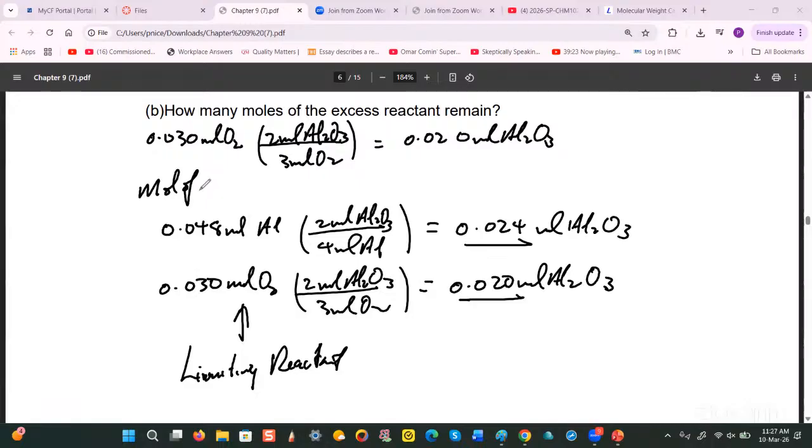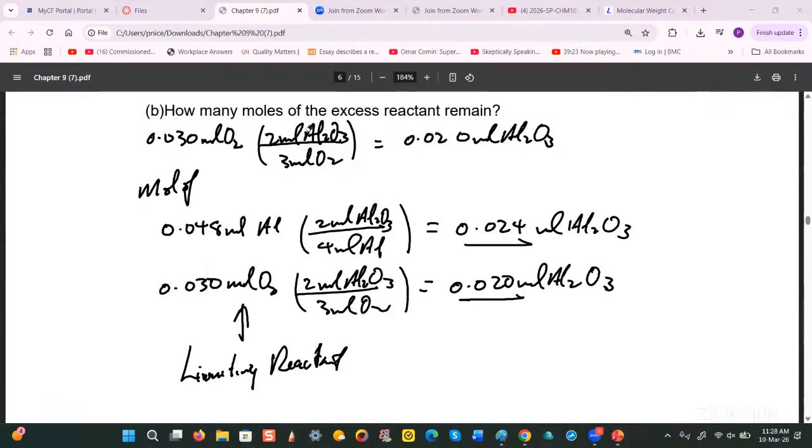Okay, I lost my place here. It's supposed to be Al, right? Okay, hold on. It should be 4 moles of Al up here, my bad.